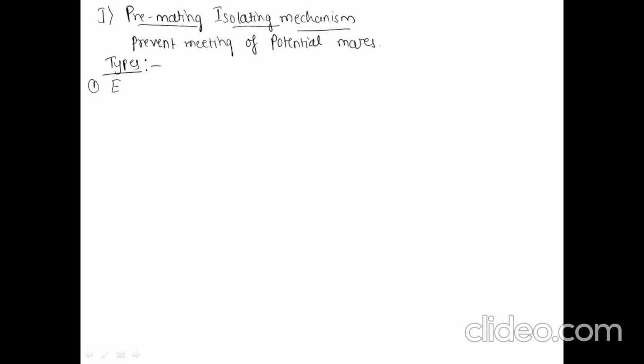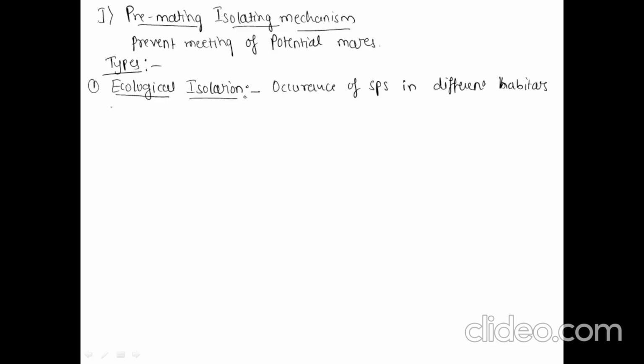First one is ecological isolation. Ecological isolation is nothing but the occurrence of species in different habitats within the same geographical area, which will prevent mating between these two species.